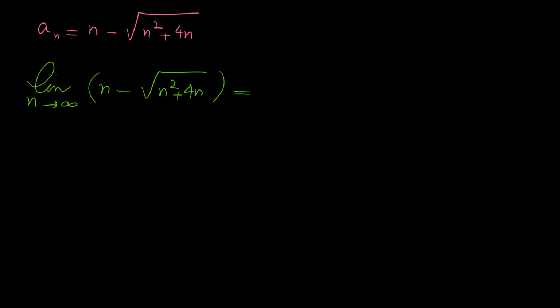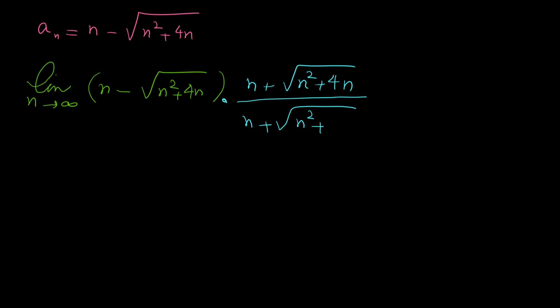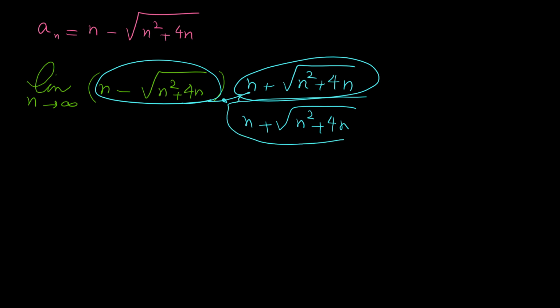For finding this limit, we multiply the numerator and denominator of this expression by the conjugate of the bracket, which is this: n plus square root of n to the 2 plus 4n. So we multiply numerator by the conjugate, and also we have to multiply the denominator by the conjugate.